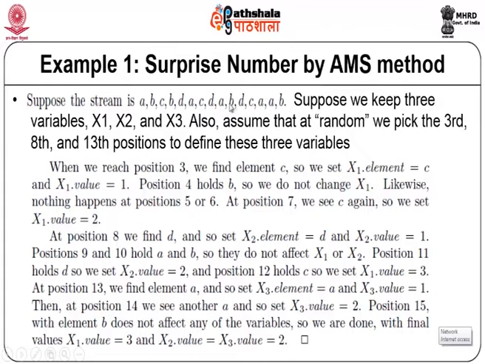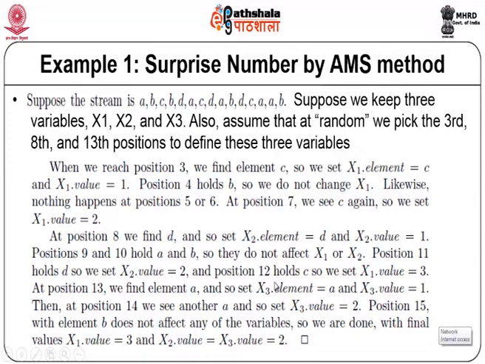Therefore, the values of x1 and x2 are not affected because x1 is related to c and x2 is related to the element d. But at position 11 you find the element d. Therefore, it is the x2 value that will be changed to 2 because already at position 8 the element d has been encountered.